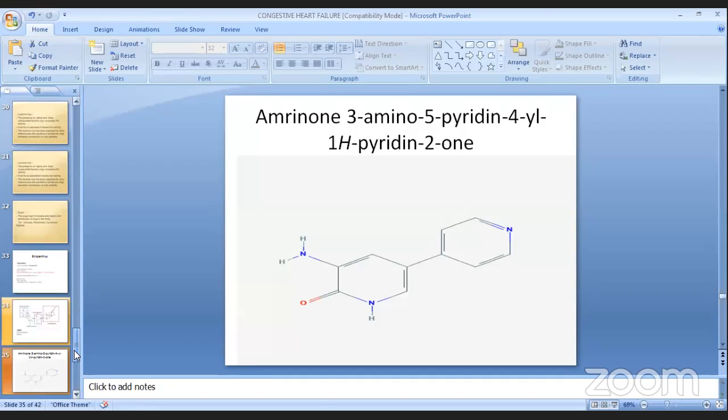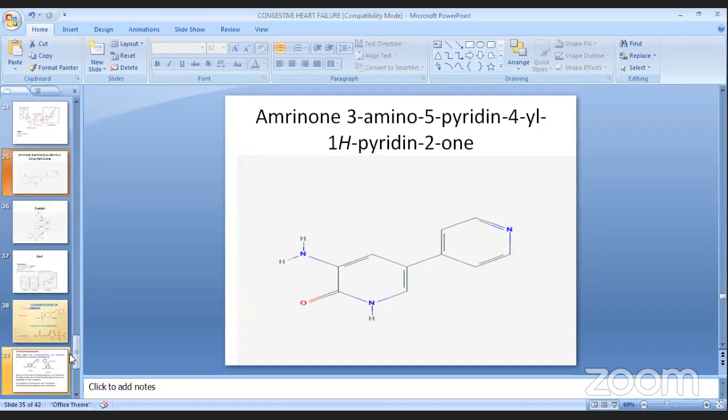Two pyridine rings are there, one ketone is there, and it is a three amino derivative. So amrinone is an amino derivative containing pyridine structure, and this is one category of cardiotonic, that is congestive heart failure drug. It acts as a vasodilator.